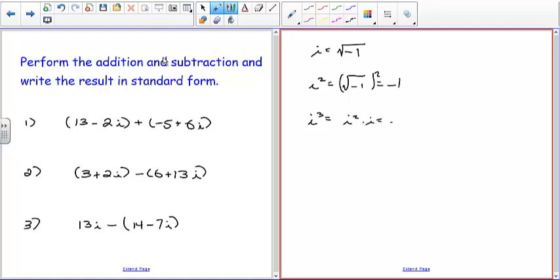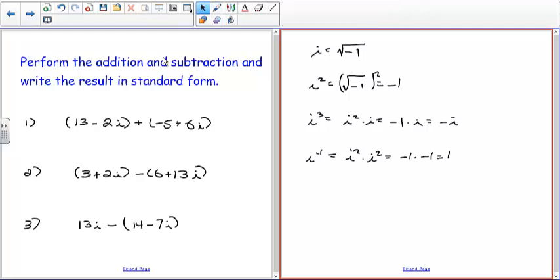So we know i squared is -1, so you get negative i. And then if you have i to the fourth, that's i squared times i squared. But i squared is -1, so you get -1 times -1, which is +1. So those are the kind of things that you get when you raise them. The one that we deal mostly with is i times i, or i squared is -1.